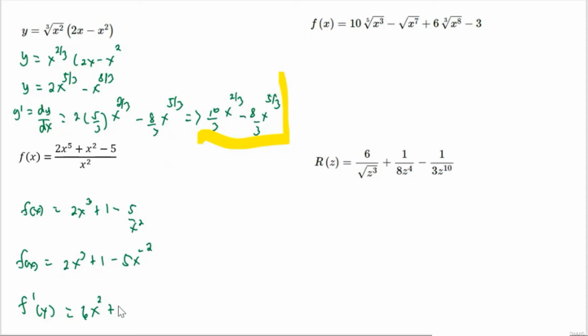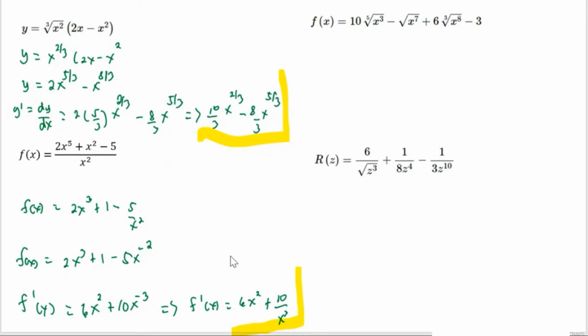So the product is positive 10 of x to the power of negative 2 minus 1 is negative 3. So changing the answer now in terms of positive exponent, therefore f prime of x is equal to 6x squared plus 10 over x cubed. So this is now our final answer.